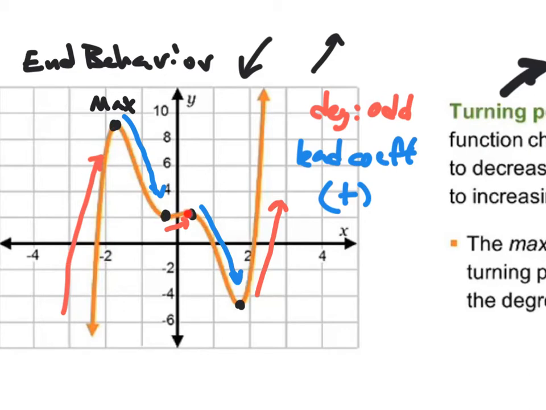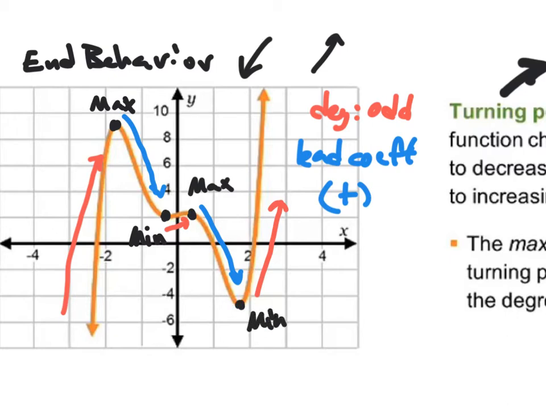Here, you have a minimum because you changed from decreasing to increasing. Here you go from increasing to decreasing, so this is a maximum. And then down over here, you change from decreasing to increasing, so you have a minimum.